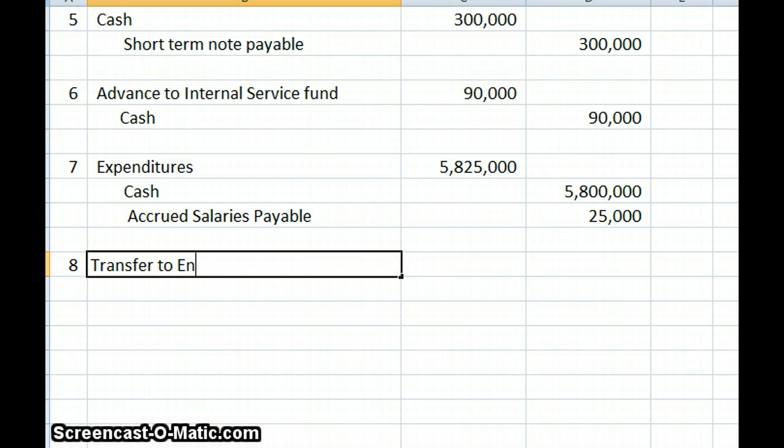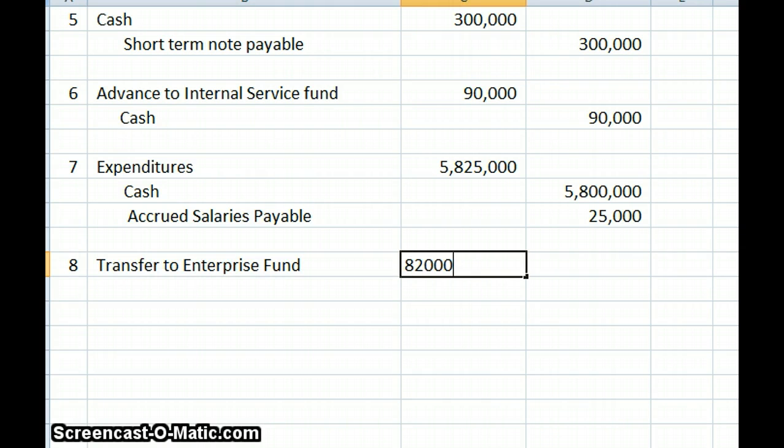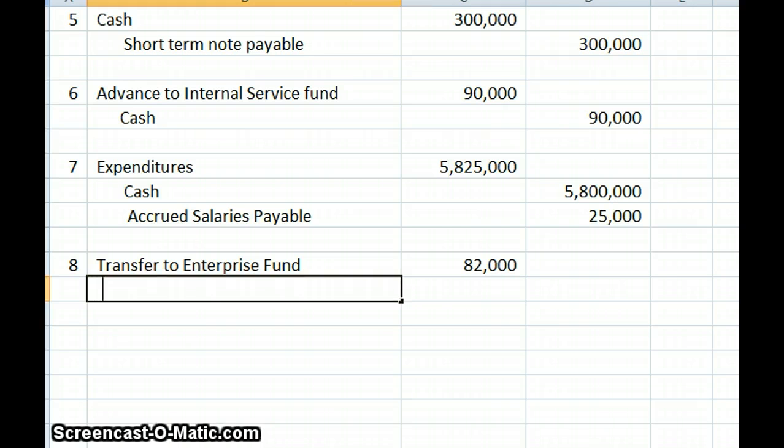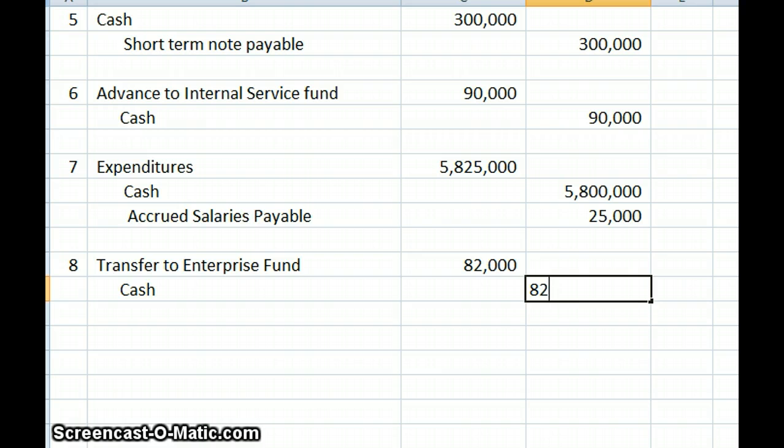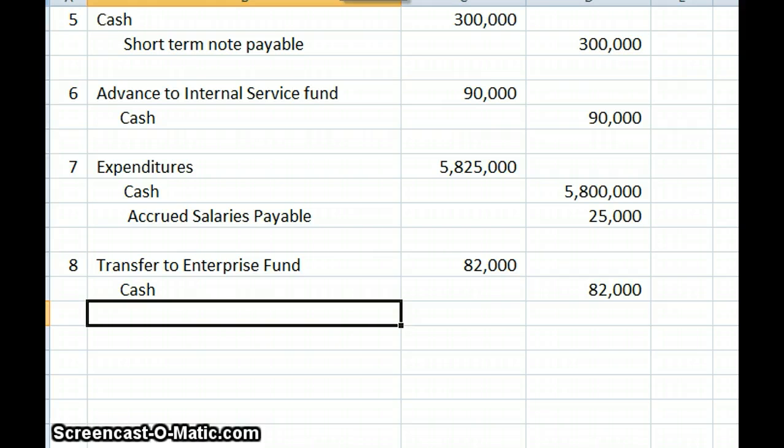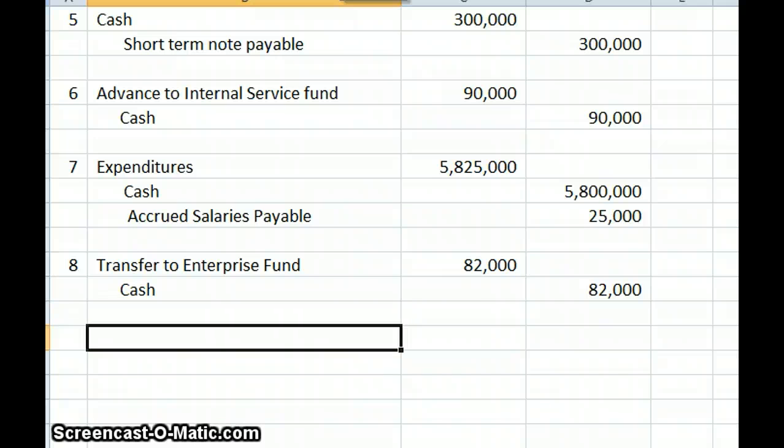So we're going to transfer to the enterprise fund of $82,000, and we're going to have cash of $82,000. Again, we're only showing the effects on the enterprise fund. There would not be any effect on the general capital asset or general long-term liability accounts. The enterprise fund then would record this as a transfer in from the general operating fund.